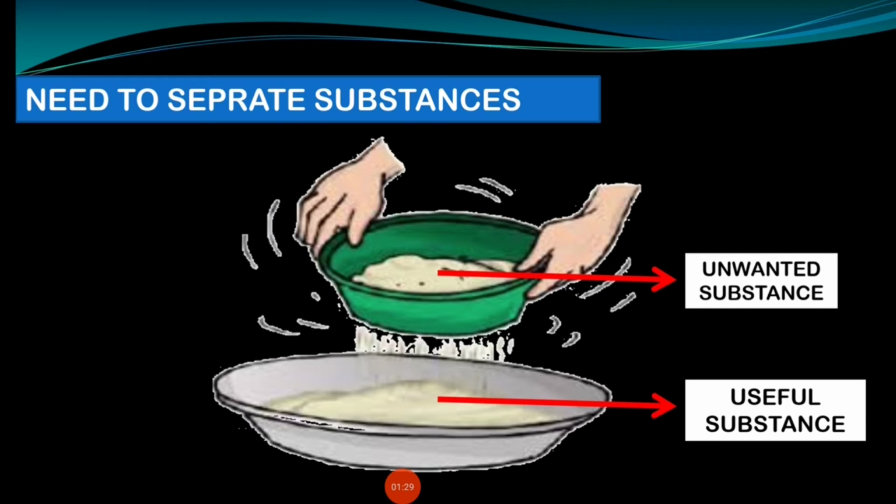Now, why do we need to separate the substances? What is the reason behind it? The main reason for separation of the substance is taking out useful substance from the mixture. You can simply understand separation as removing unwanted, harmful substances to get useful components from a mixture.